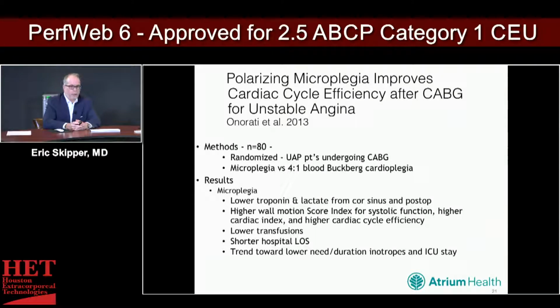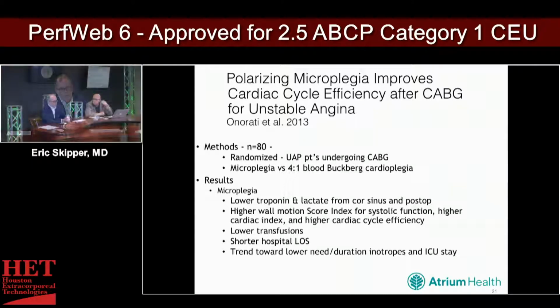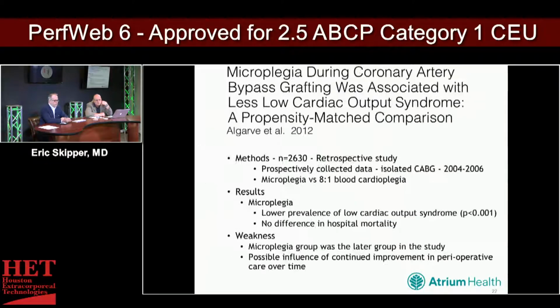However, one has to be careful because the microplegia group was a later cohort than the Buckberg cardioplegia group. And as we know, things did evolve somewhat between 2005 and 2015.